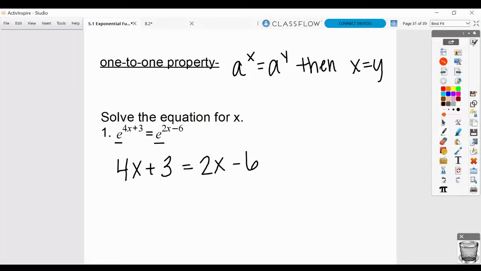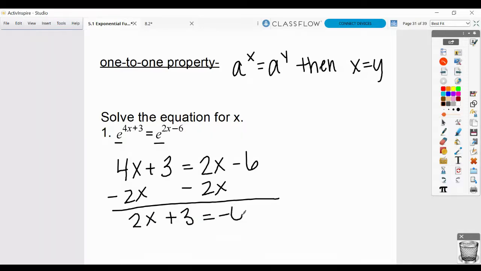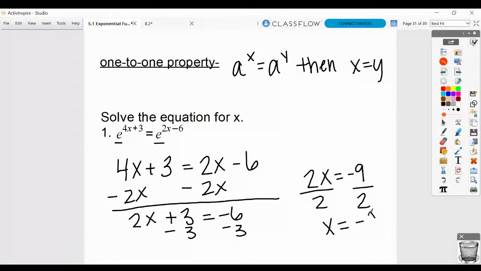And then you're just going to solve this. So if you subtract 2x from each side, 4x minus 2x is 2x. And then subtract the 3. You get 2x equals -9. Divide by 2. And x equals -9 over 2.